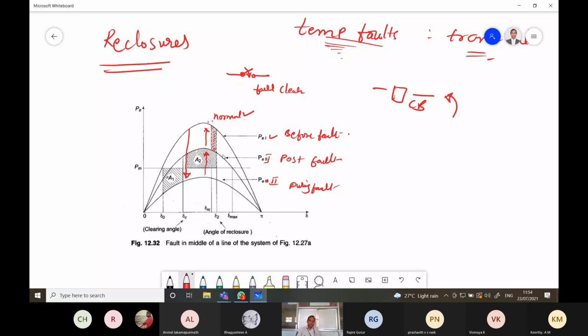When you close the auto recloser switch, again the power comes back to the normal position, increasing to the original position. This is shown in this diagram. This is the part of auto reclosers they are using. In this case, up to here this is PE3, and again the power is increased, given by PE4, which is equal to PE1. So PE4 is equal to PE1 now.